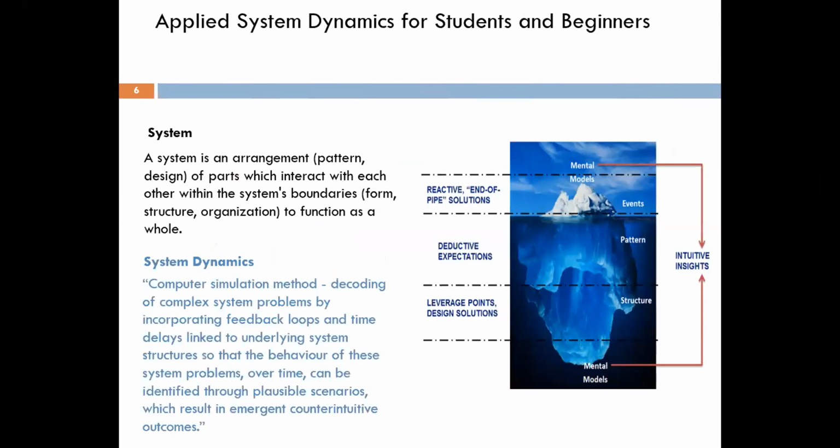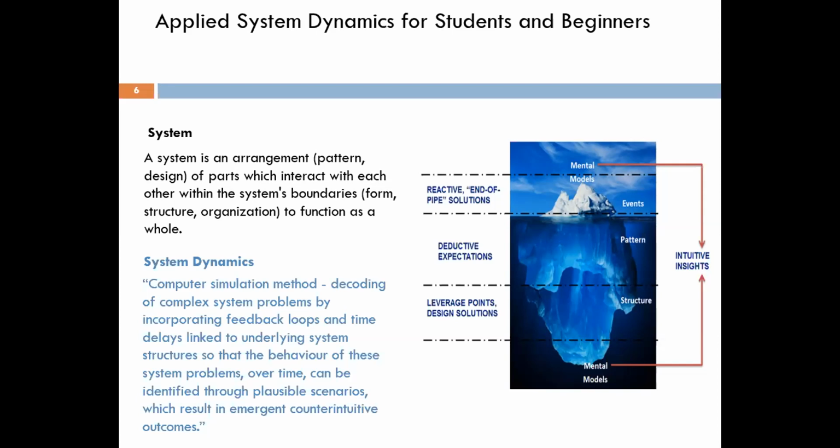When we look at system dynamics, and this definition is from our book, system dynamics refers to a computer simulation method which allows for the decoding of complex system problems by incorporating your feedback loops and time delays linked to underlying system structures, so that the behavior of the system problem over time can be identified through plausible scenarios which result in emergent, counterintuitive outcomes.